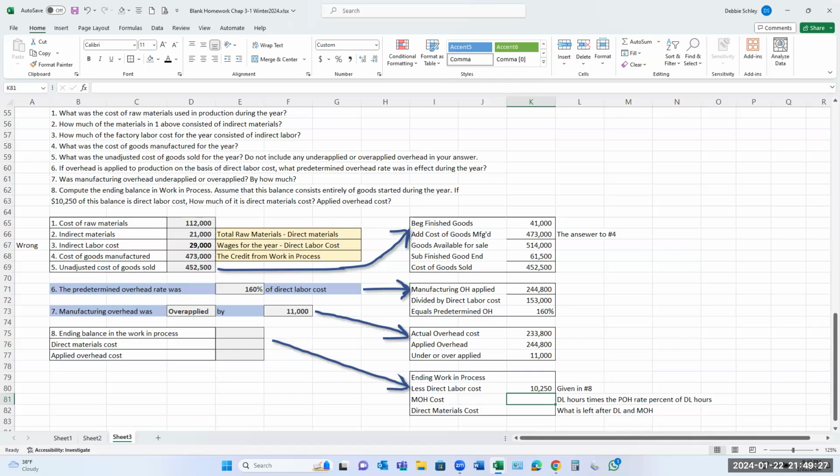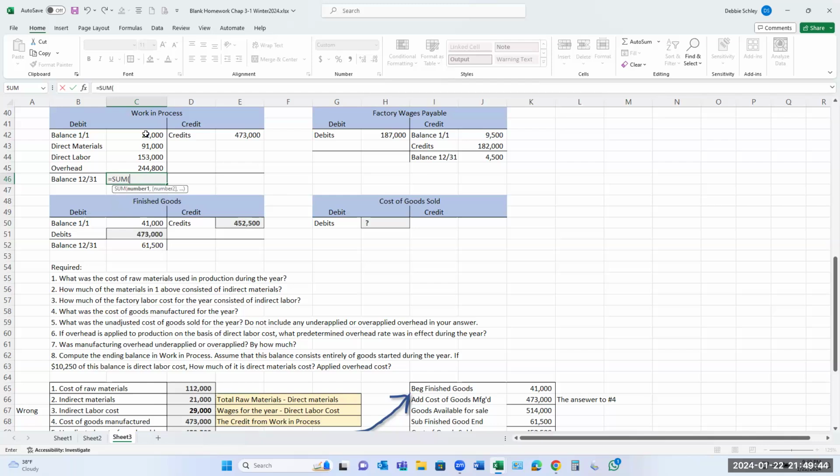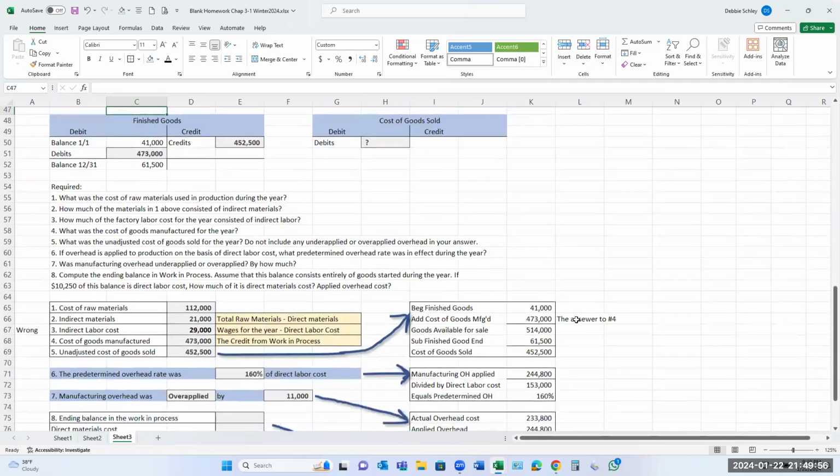So we're going to have to work kind of backwards. Let's see. First we need to know what's ending work in process. So we have our debits and we have our credits. So we just simply need to equal sum my debits, close parentheses, minus my credits. That gives me an ending balance of 36,800.